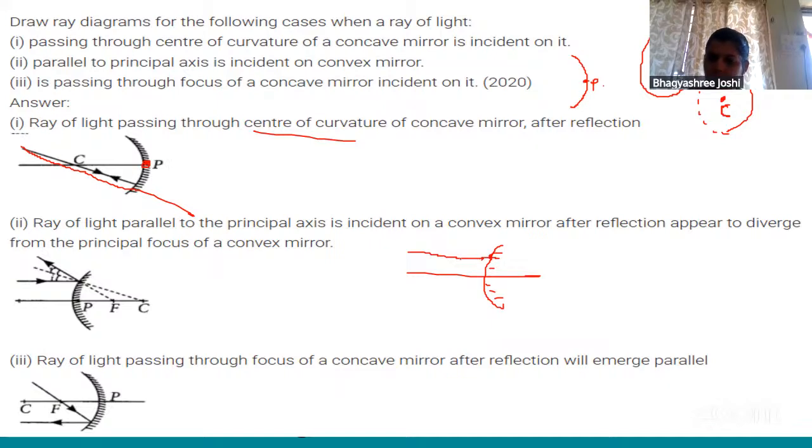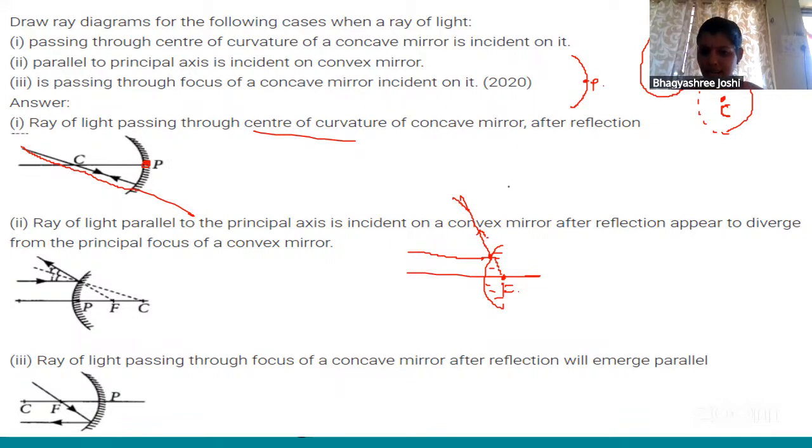So when it touches the reflecting surface, the light will travel in this direction and it appears to meet at this point. That point we call F. So in case of convex mirrors, the rays will not exactly meet, but they appear to meet.